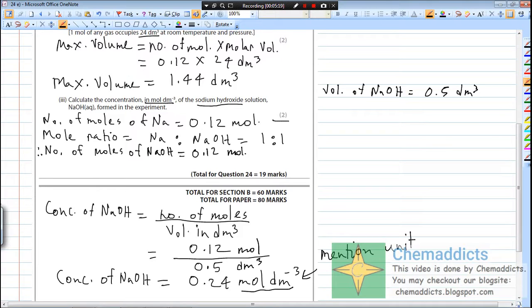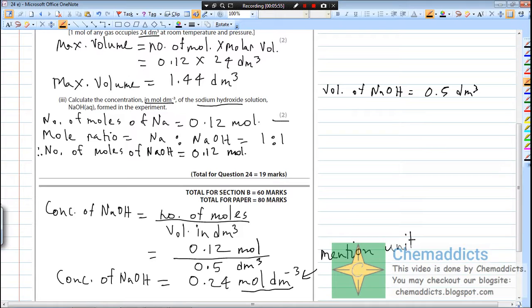You may write number of moles of sodium hydroxide is equal to 0.12 mole, and for that you will achieve 1 mark. Another mark is for writing the answer as well as the unit. If you write the correct answer along with the unit, you will gain 1 mark, and if you don't mention the unit along with the answer, you will definitely lose 1 mark regardless of the correct answer.